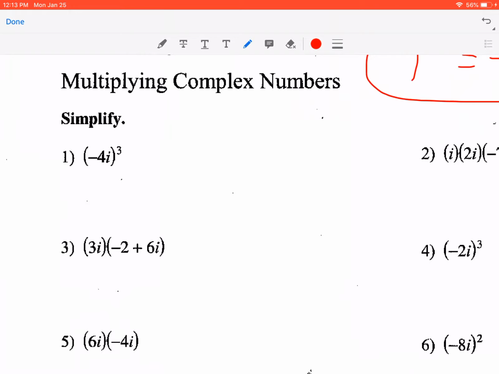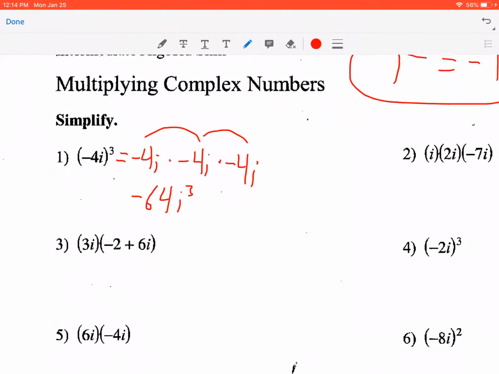So this is -4i to the third power, so that would be -4i times -4i times -4i. So I got a -4 times a -4, that's 16. And 16 times a -4 should be -64. i times i would be i to the third power.